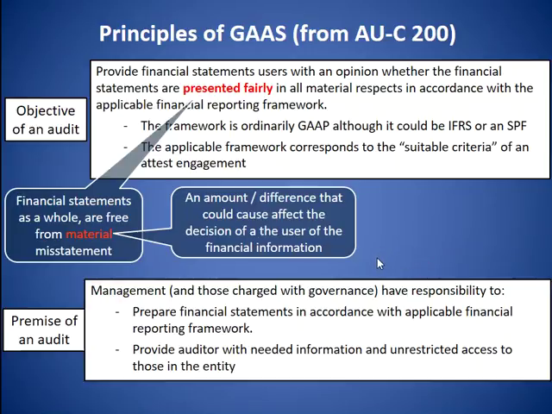And the answer is probably not to 99.9% of users. It would not be a material difference. It would not cause them to change or alter their decision based upon that type of financial information. When the amount gets to a significant portion of that particular financial statement element or the financial statements, at that point, that amount could be considered material.